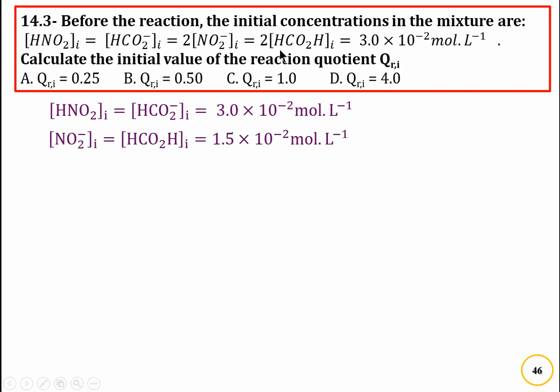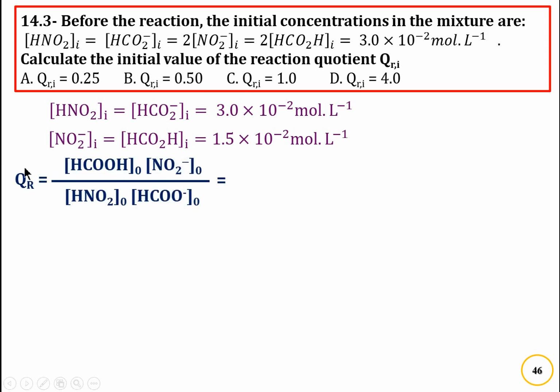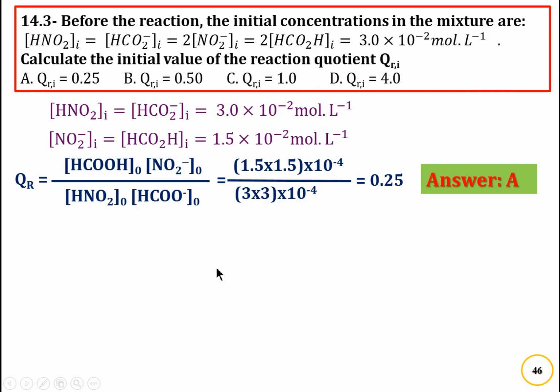That of NO2 minus and HCOOH equals 3 times 10 to the minus 2 divided by 2, equal to 1.5 times 10 to the minus 2. Q of the reaction at t equals 0 is equal to the ratio of the concentrations at t equals 0 between the products and the reactants. So it equals 1.5 times 10 to the minus 2 squared, divided by 3 times 10 to the minus 2 times 3 times 10 to the minus 2. Q equals 0.25. So the answer is A.